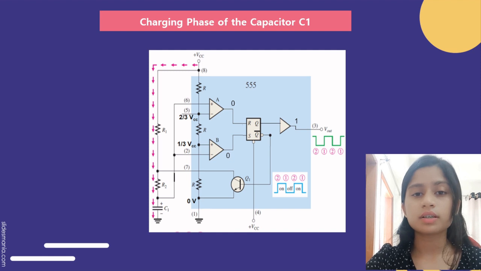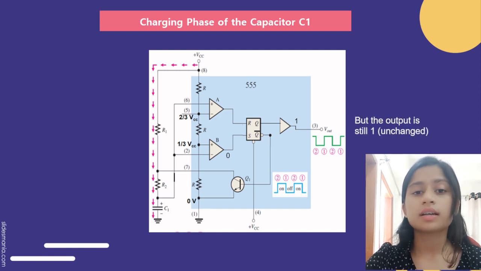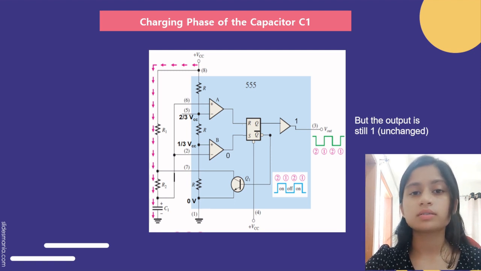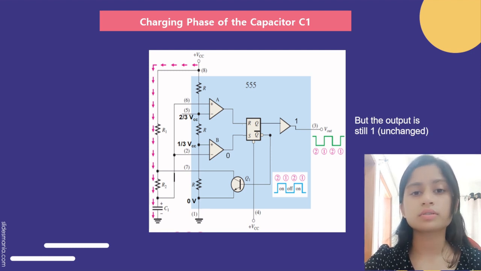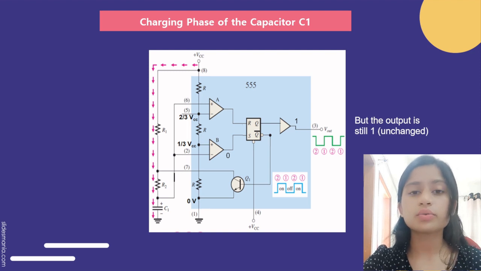Again, when C1 is charging beyond 1/3 VCC, comparator B is 0 and A is also 0, but the main output will still be 1, that means unchanged, and Q1 will still be off.